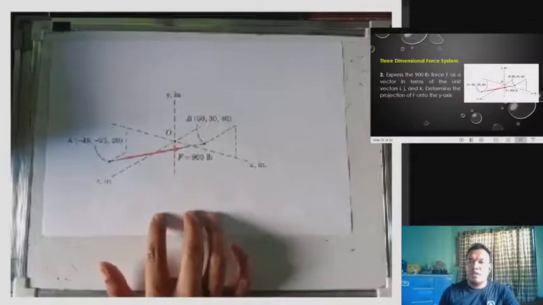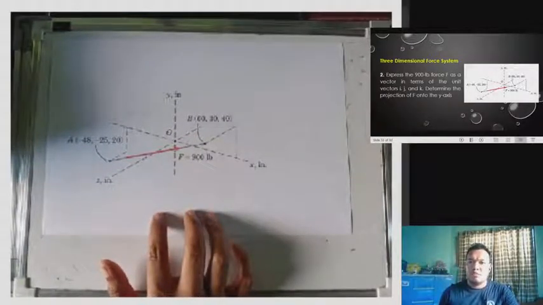So we have here the three-dimensional force system. Under the three-dimensional force system, express the 900-pound force F as a vector in terms of the unit vectors i, j, and k. Determine the projection of F onto the y-axis.